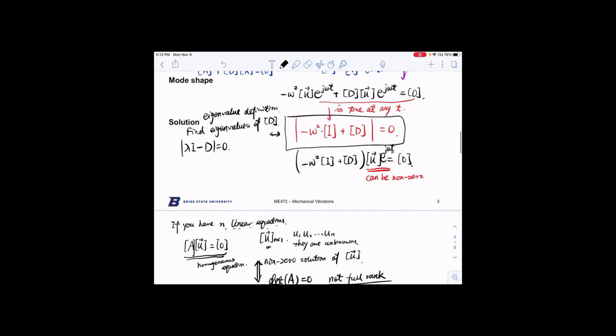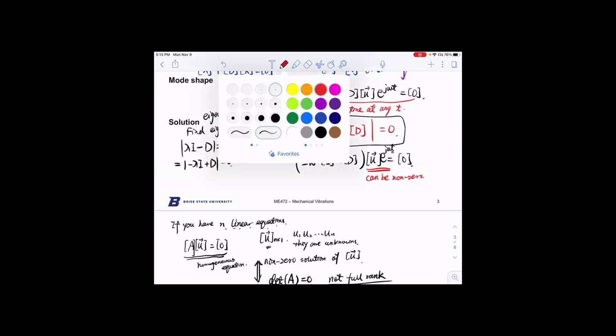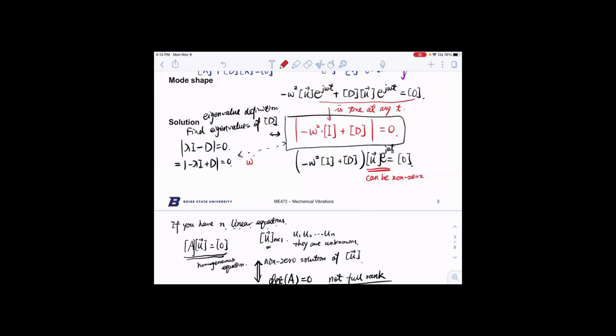If you want to switch signs, it's also equivalent to det(minus λI plus D) equal to 0. Then you compare these two equations. They're actually the same thing. That means your ω² is λ.